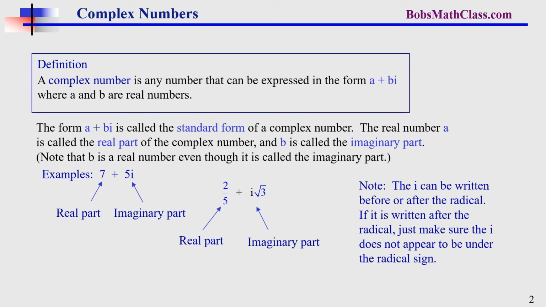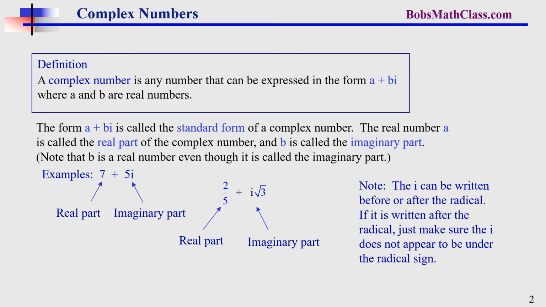Okay, a complex number is any number that can be expressed in the form a plus bi, where a and b are real numbers. Okay, so a plus bi. Typically when we have a variable, we put the variable before the constant, but here it's not a variable exactly.